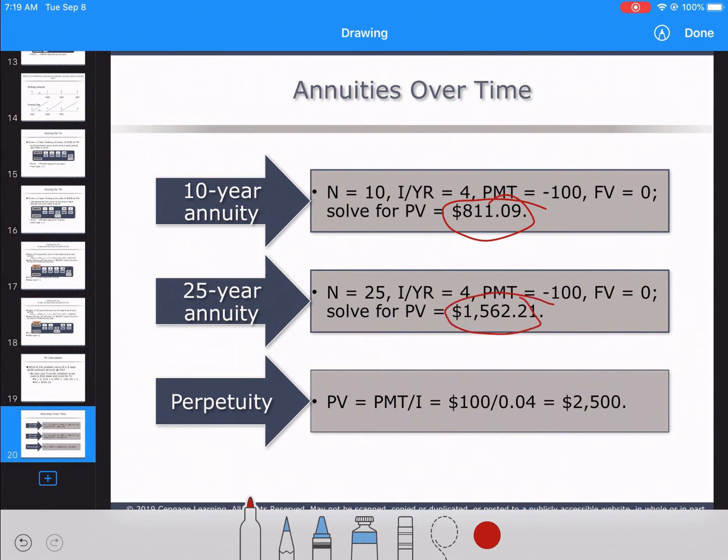Well, if somebody asks you what would be the most the money can grow to, let's say you have $100 at 4%, what would be the most? The answer is perpetuity. We look at perpetuity, and this is the most that it will grow to.